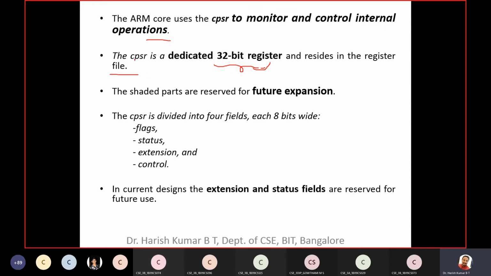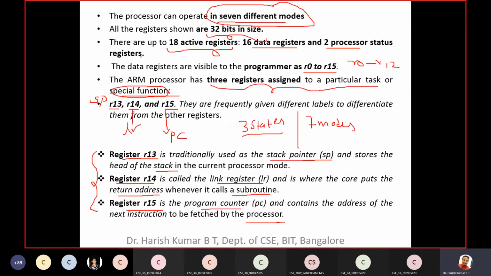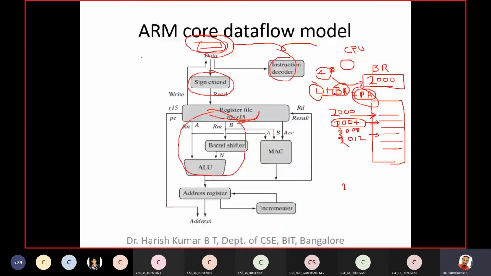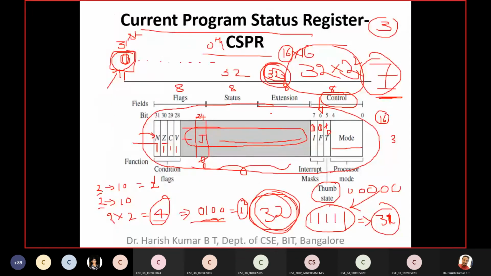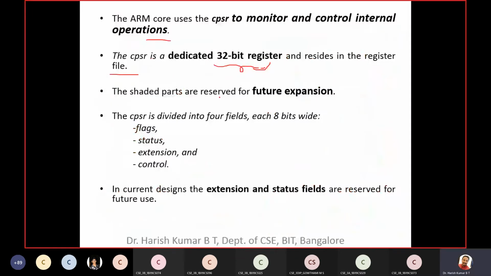Where do you find the CPSR again? It is found inside this register file. Here I've shown R0 to R15, but the CPSR and the SPSR are also present here. The shaded parts are reserved for future expansion. The one bit we have already explored is the J bit.